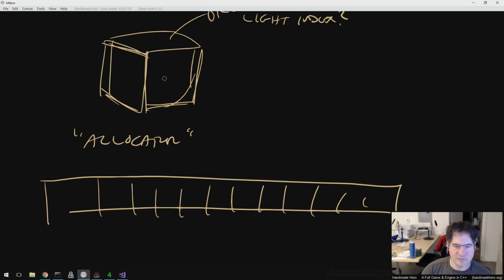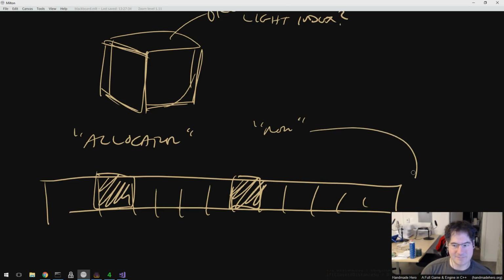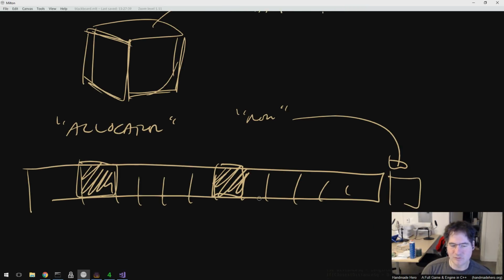Somebody pushes down an entity that says it wants this lighting chunk, so it has to go there. Then someone pushes down an entity that says I want this one, so it has to go there. Then someone pushes down a new one, and you better put it in some new space, because you don't know which of these is going to be used yet.